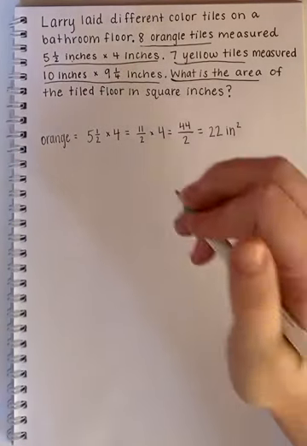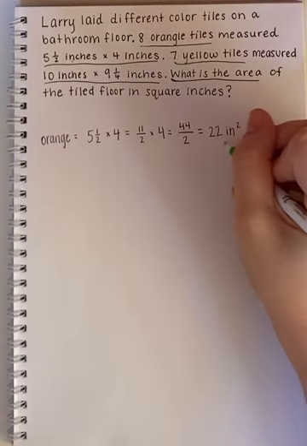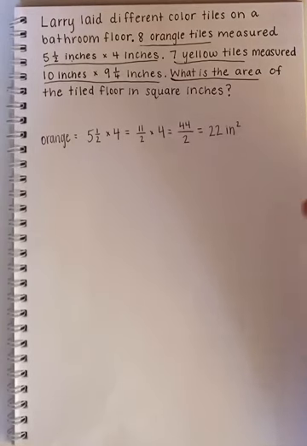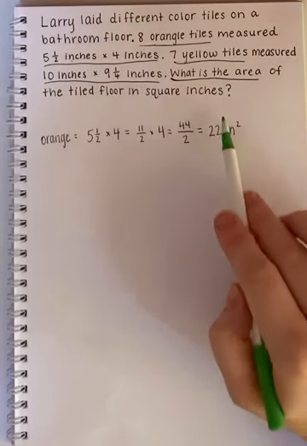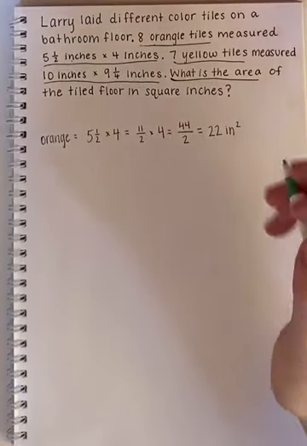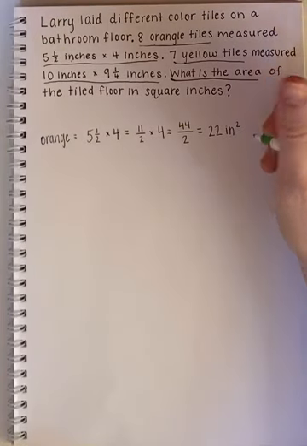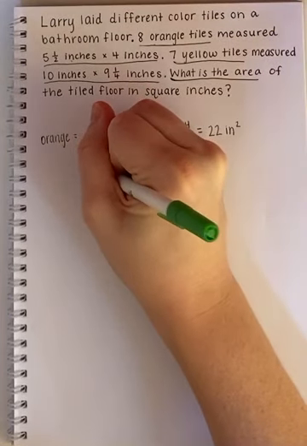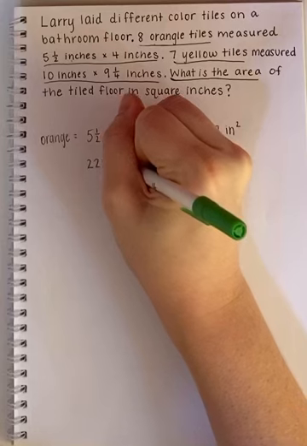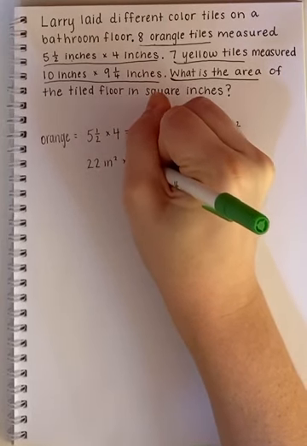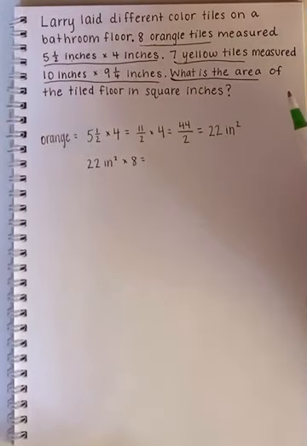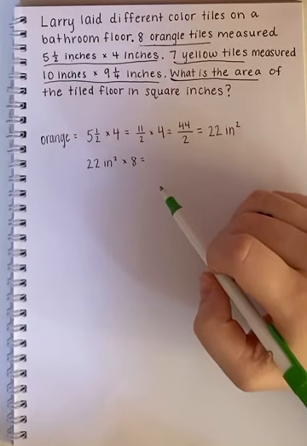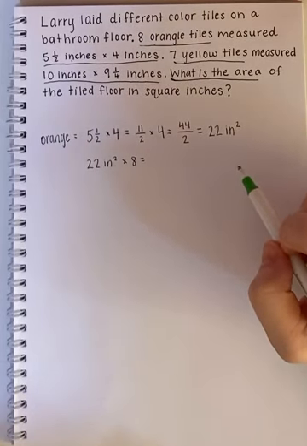Now, I have found the area of just 1 orange tile, but I have 8 orange tiles. So I need to multiply this area times 8 because there are 8 orange tiles. This is just 1. So I'm gonna go ahead and multiply 22 inches squared times 8. Pause this video and solve that on your own off to the side.